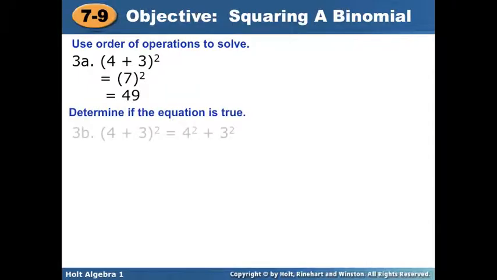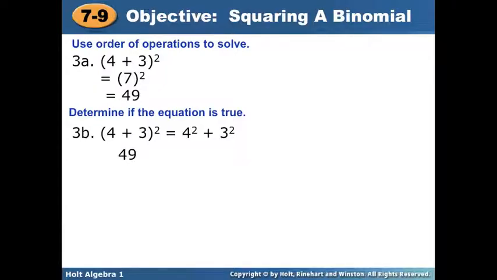Now determine if this equation is true. If I took 4 plus 3 quantity squared and distribute the exponent, making it 4 squared plus 3 squared, we want to determine if this is equal. We know the left-hand side equals 49.